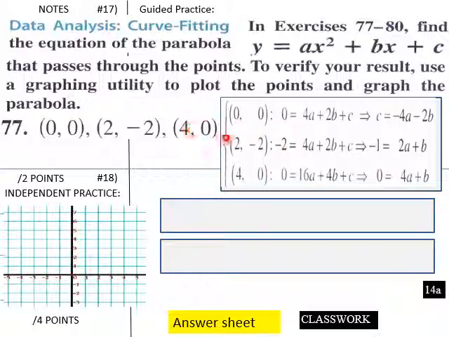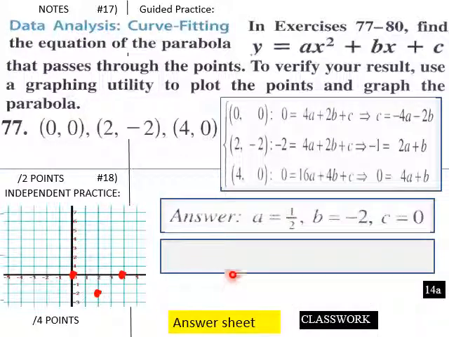From the data that we're given, we can derive these values for our entries. So here's 0, 0. There is 2, negative 2, and then here is 4, 0. There is our partial graph of our parabola.